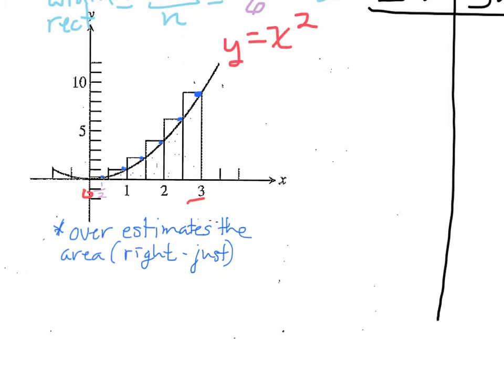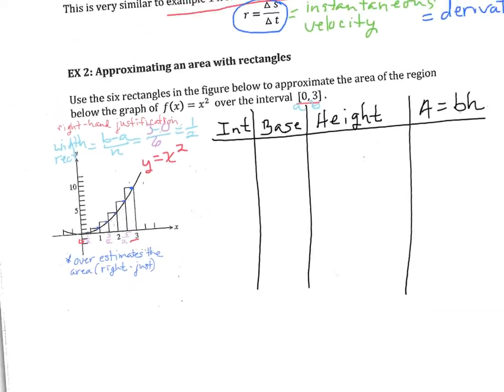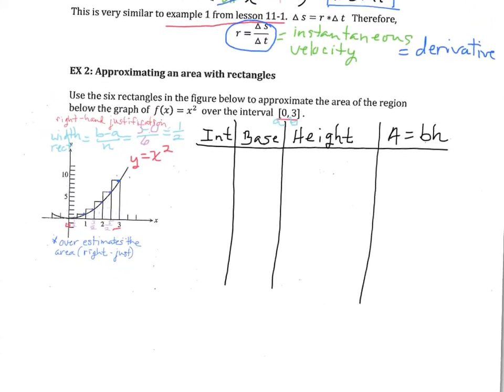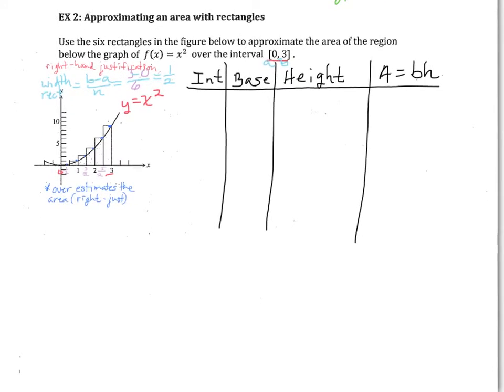Then the next interval goes to 1, and then 1.5 is 3/2, and then 2, and then 2.5 is 5/2. I would label those as such because we're going to use those in a minute. The difference between each of these is always 1/2 all the way across, so your rectangles will always be the same width.